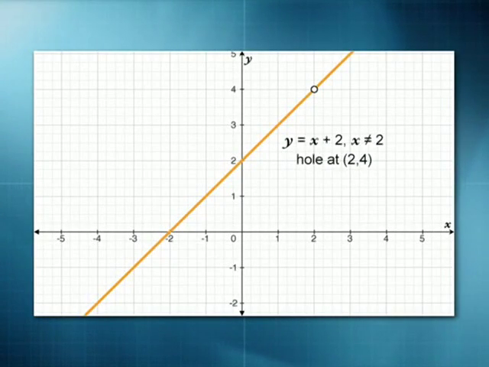So what do we have here? This rational function looks like the line x plus 2, doesn't it? That's a straight line, except wait, it's got a hole in it. There's a hole when x is 2. So this is what I like to call, when I'm teaching pre-calculus or calculus, the proverbial line with a hole in it. And the hole is at x equals 2.